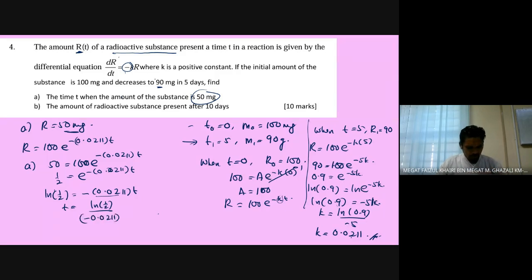Natural log of 1/2, which is actually natural log of 1 divided by 2, which is negative 0.693147 divided by negative 0.0211, negative, positive here. So the answer is T equal to 32.85 seconds.